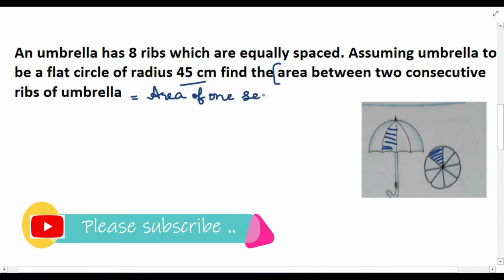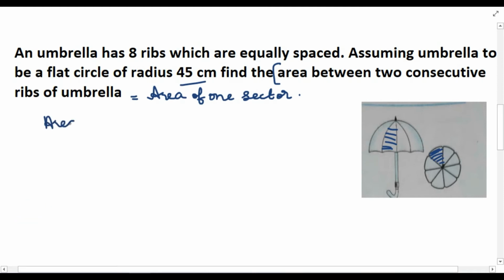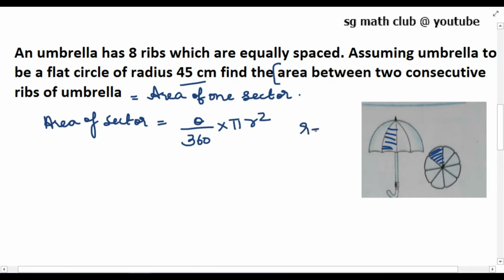We know the area of a sector is given by the formula theta divided by 360 into pi r square. The radius of the circle is given as 45 centimeter, but we need to find theta. Again, the angle at the center of the circle is 360.